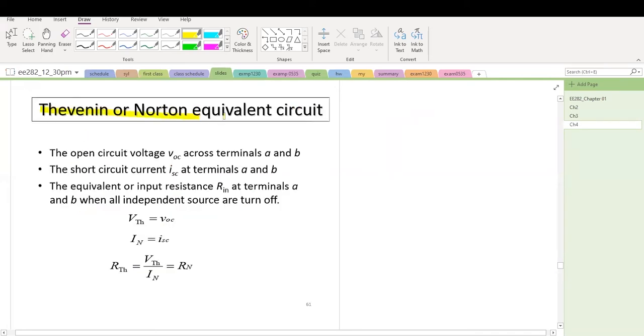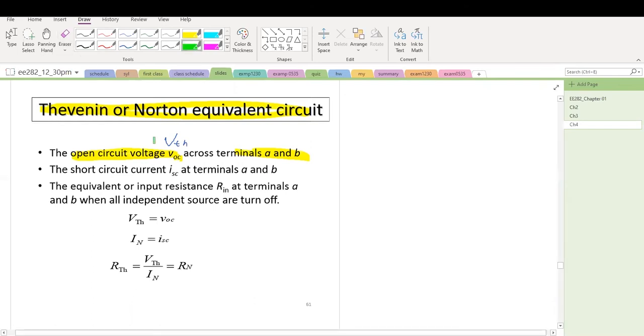Here is a summary of the relationship between the Thevenin theorem and Norton theorem. The open circuit voltage, sometimes we call it VOC, open circuit, across terminal A and B, equals VTH. So this is VTH.